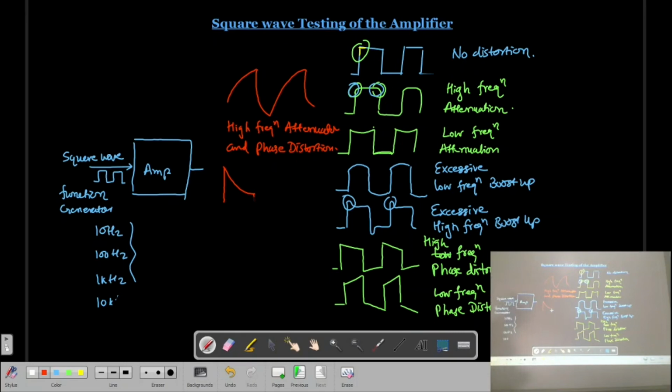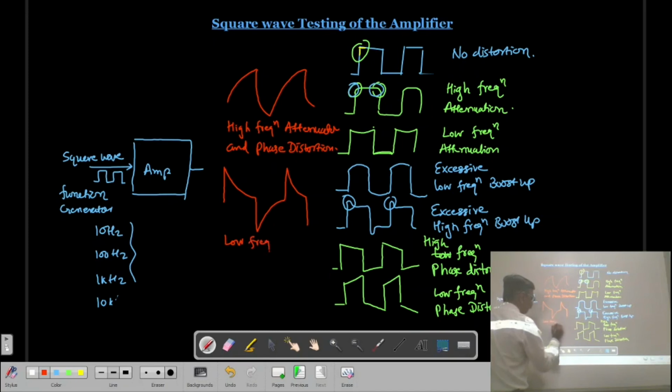If we have the shape like this, then this is representing a low frequency attenuation and phase distortion.